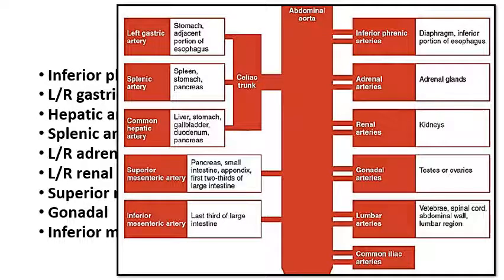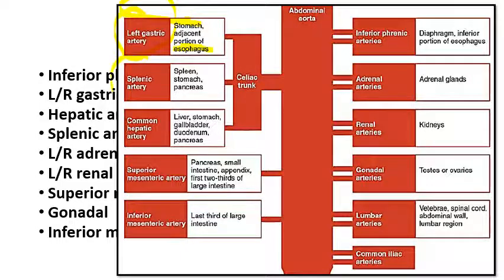So this diagram is from the OpenStax book. It just shows you the areas where all of these arteries actually supply blood to several areas, right? So, for example, the left gastric artery up here supplies blood to the stomach and also to part of the esophagus, right? So it doesn't have the word esophagus in it, but it supplies blood there as well.